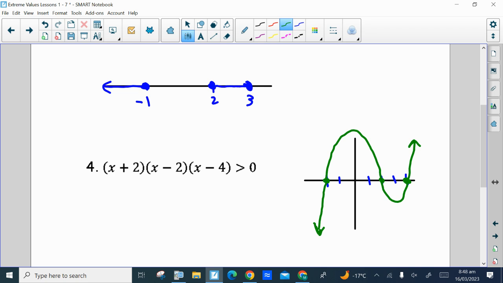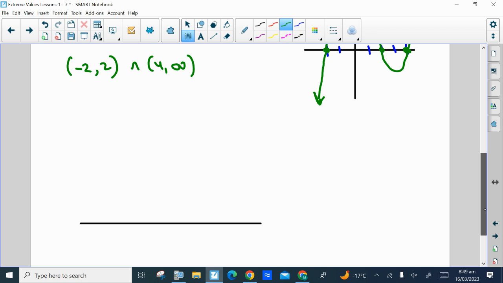And in this case, we just want to know where the graph is above the x-axis, not on it. So that'll be from negative 2 to positive 2, and those are not included. And then from positive 4 to positive infinity, where the graph is above the x-axis.